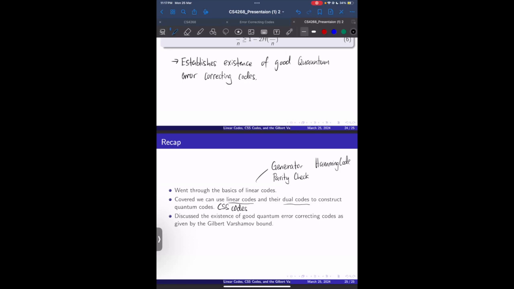Then use a bunch of CNOTs, find out the syndrome, and just do the corresponding Pauli X. Finally, we ended off by discussing the existence of good quantum error correcting codes as given by the Gilbert-Varshamov bound.